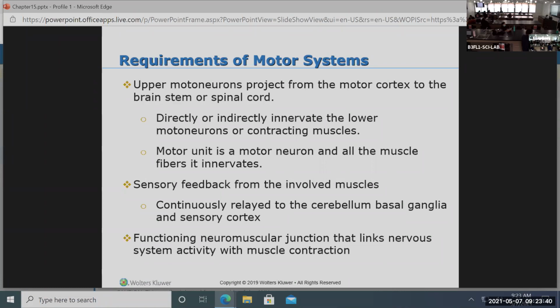Please highlight, make it bold, it's called a motor unit. What is a motor unit? A motor unit is a motor neuron and all the muscle fibers it innervates. Make it bold.